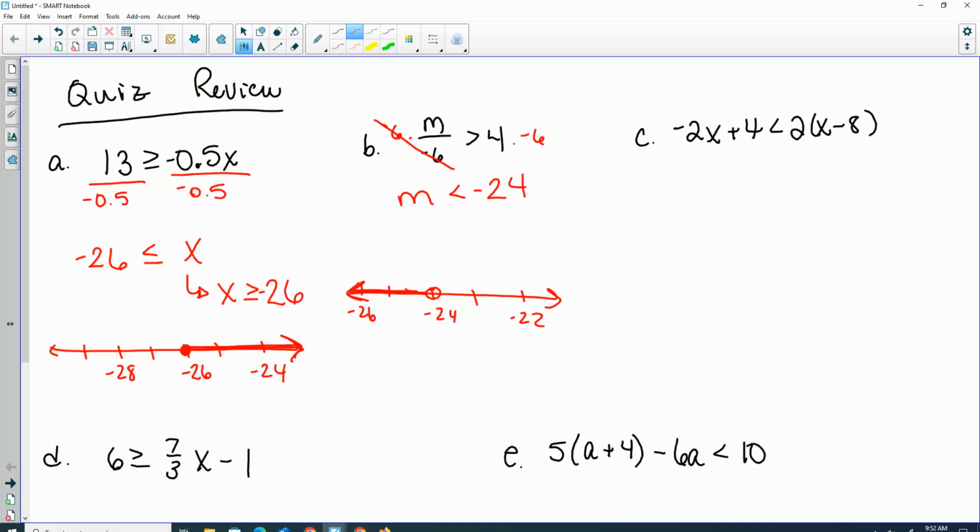Alright, I'm going to start calling on some people to walk me through these. Make sure everybody's paying attention right now. Okay, so on C, if I wanted to solve that inequality, Esther, what would we do first? Multiply by 2.